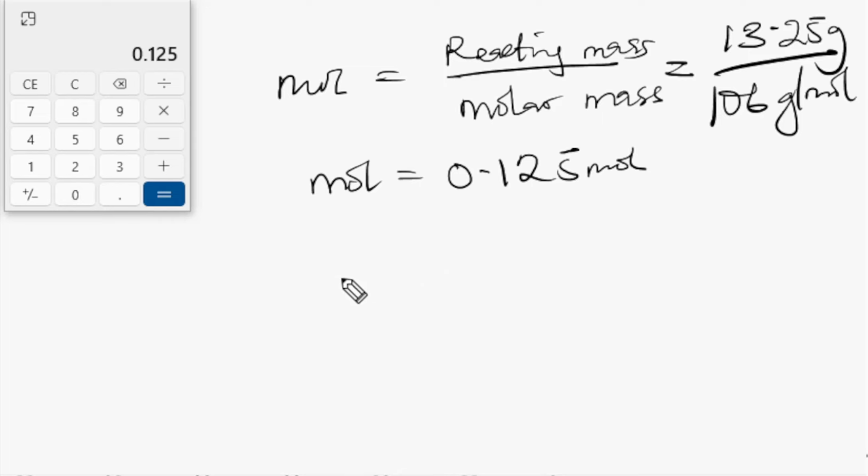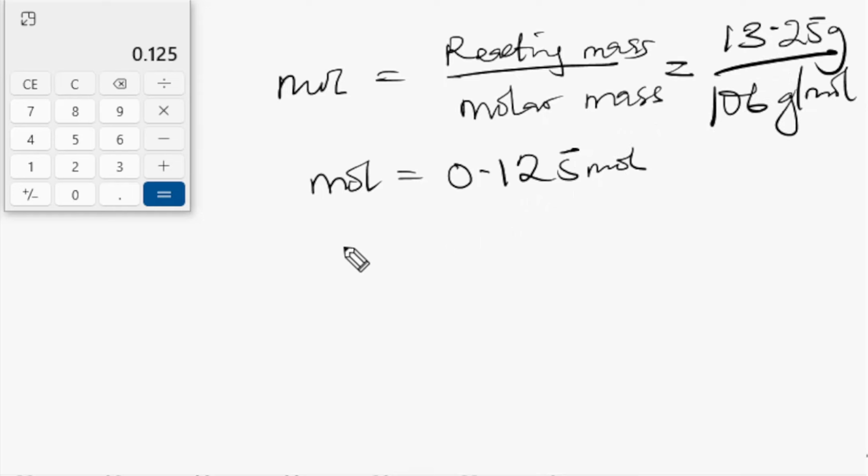So we are going to say that here we are given 0.25 moles per dm cube of the sodium trioxocarbonate(IV), and we want to find the volume of this 0.25 moles per dm cube of sodium trioxocarbonate(IV) that will give this mass.